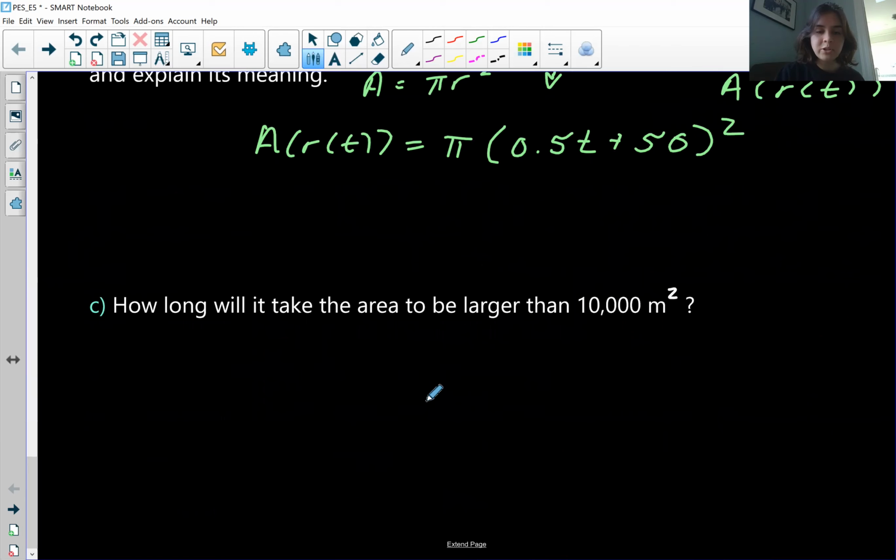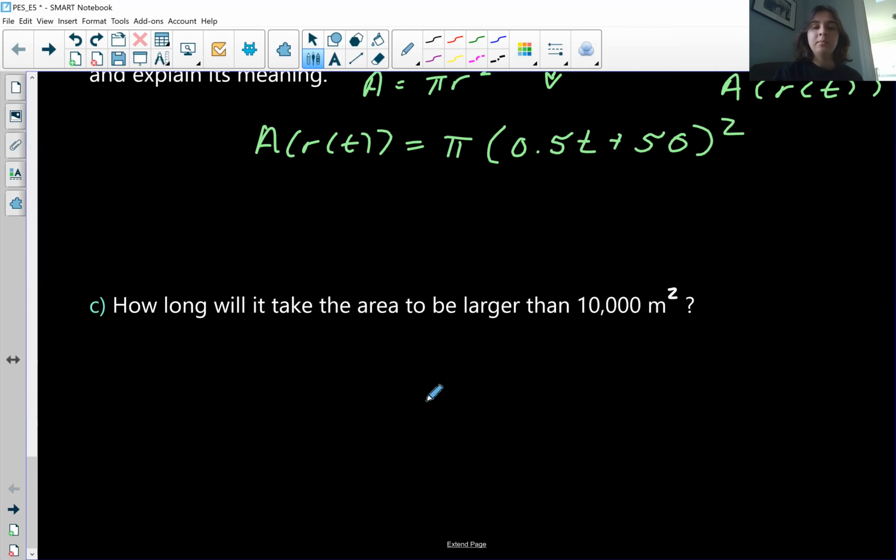Okay, and the reason I chose this problem is for part C, so we're going to focus on that. It is asking how long will it take the area to be larger than 10,000 meters squared. So this is where it's important to do compositions, if you need that relationship between area and time, because you're trying to figure out when is the oil spill going to be this size?